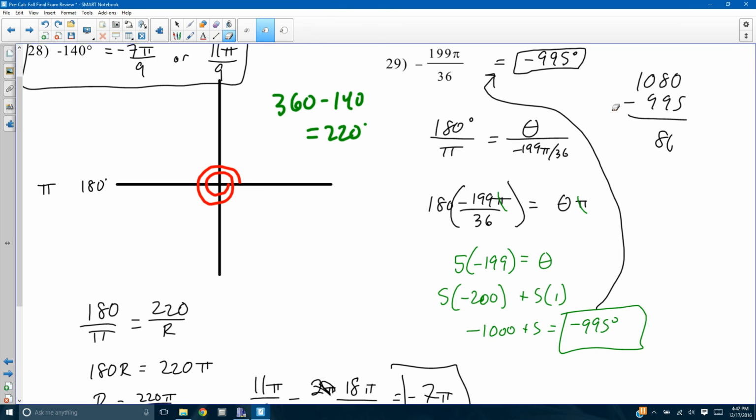So I would need another 85 degrees to get back to 0. So if this goes all the way up until about this point right here, you would need another 85 degrees to go the rest of the way, right? So this measure right here is 85 degrees. That is equivalent to what we're looking at right here. This and 85 degrees are both coterminal angles. Again, just go multiples of 360 as many times as you need to, and then you can land on that.